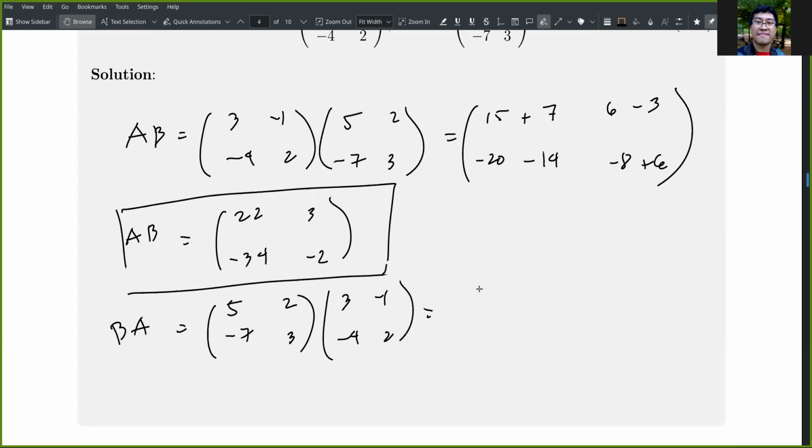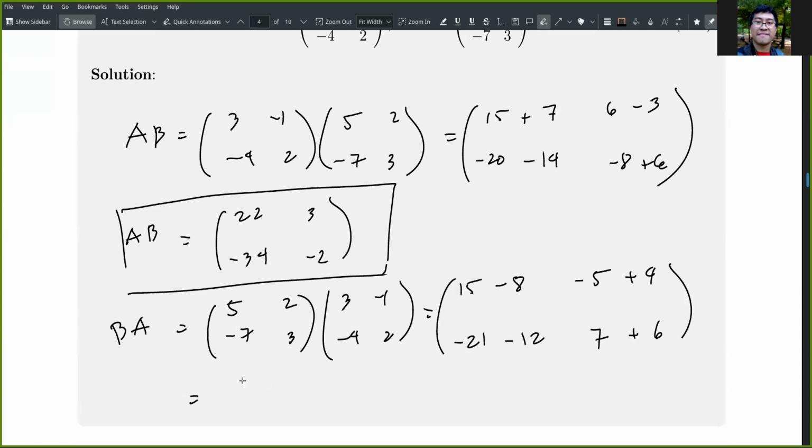This row times this column, you get 15 minus 8. This row, this column, that's negative 5 plus 4. This times this, so that's negative 21 minus 12. And this row times this column, 7 plus 6.